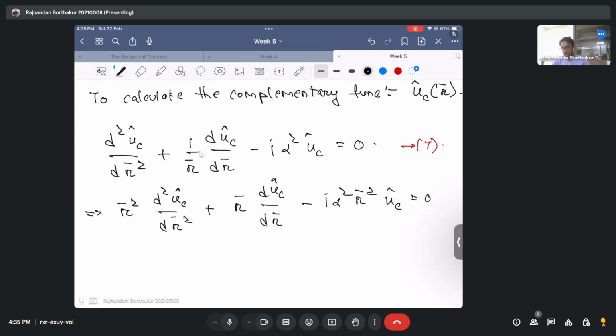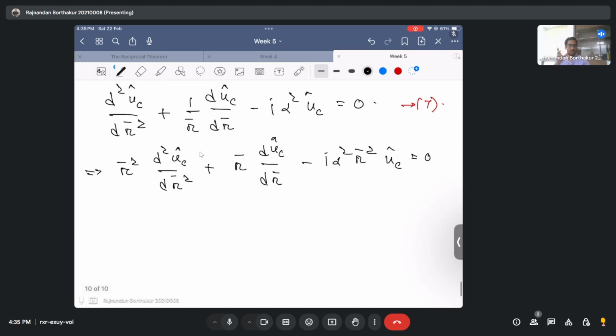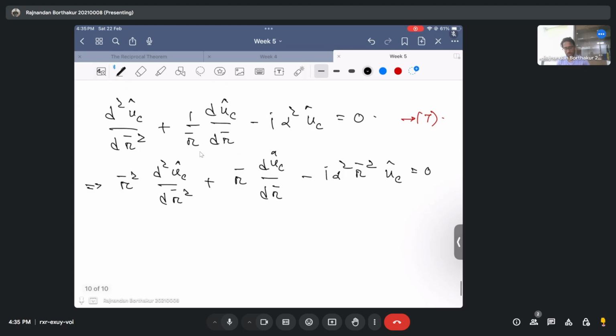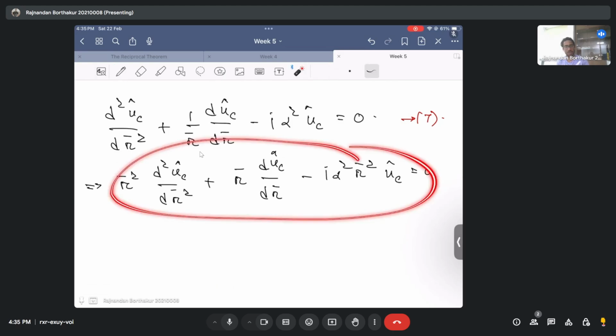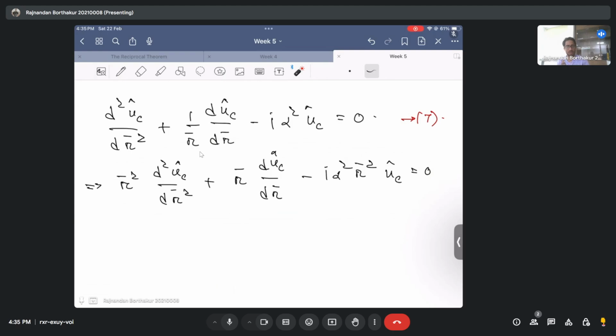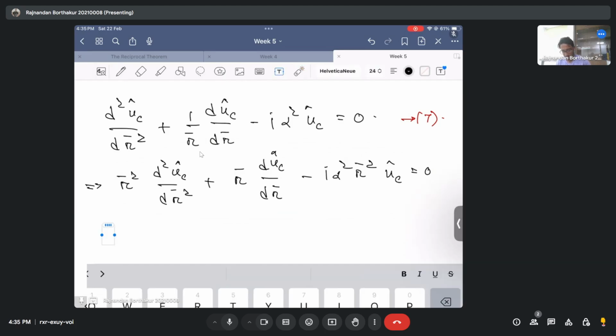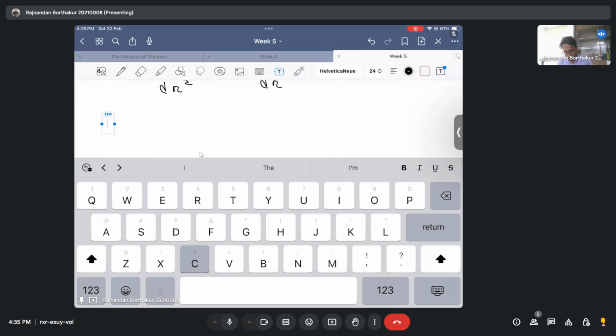Now what we'll do is a mathematical trick, but a very simple one, to cast this form of the ODE into a very known ODE that we will see very shortly. So I'll do a change of variable.